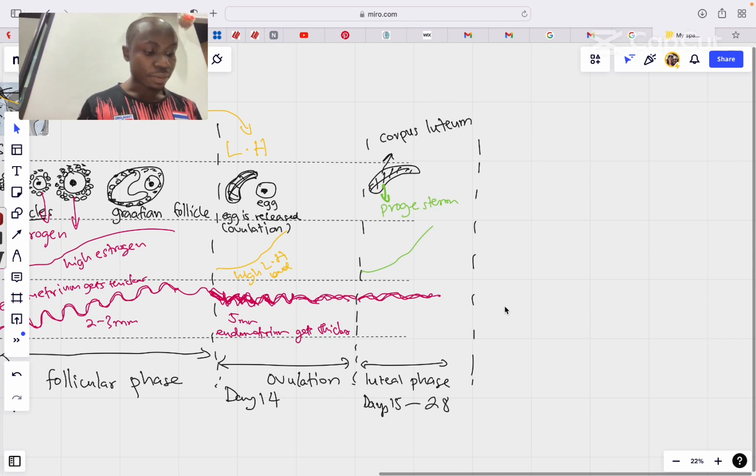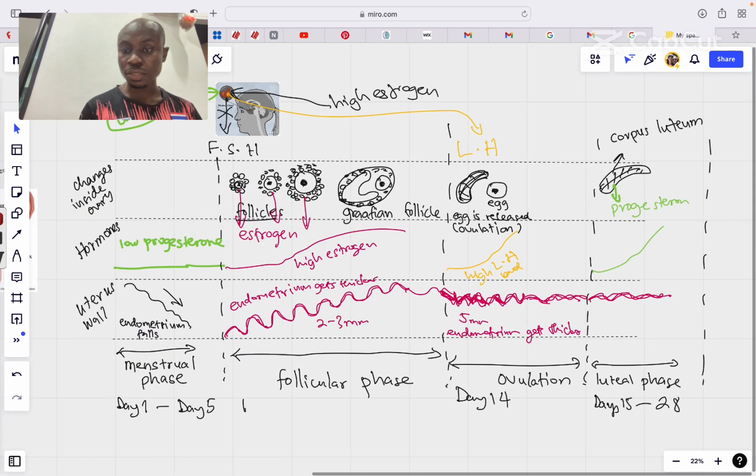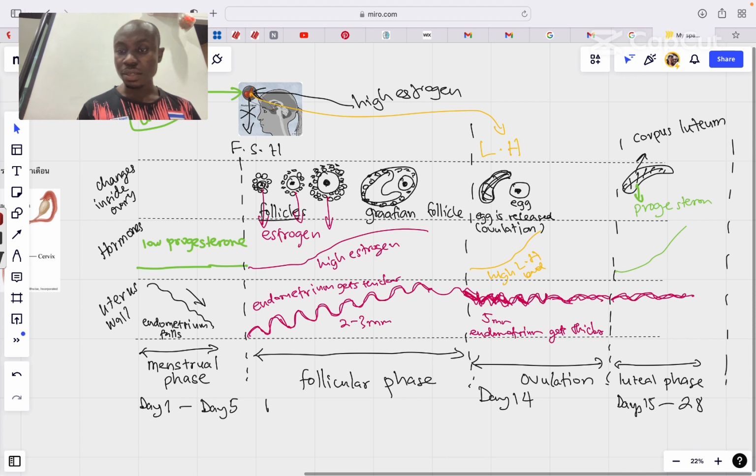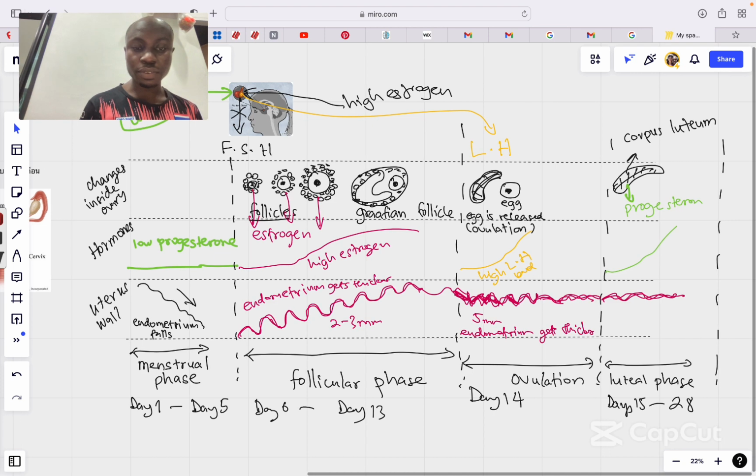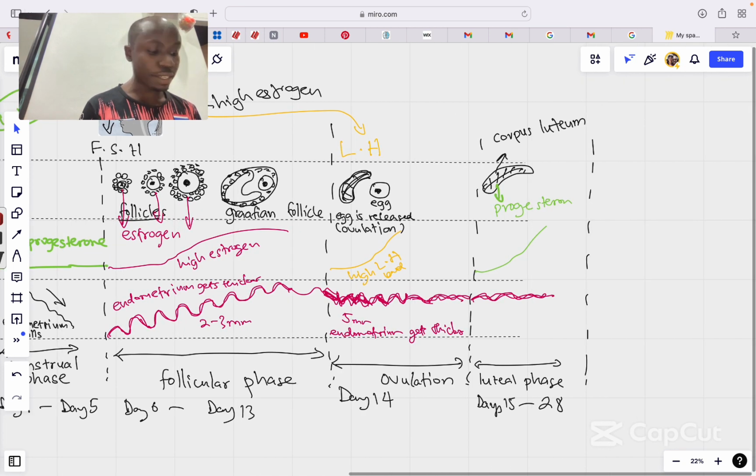Okay. Now let's go back to the first days. So the menstrual phase will start from day 1 to 5. The follicular phase will start from days 6 to days 13. And then we have ovulation on day 14. And then the luteal phase on day 15 to 28.